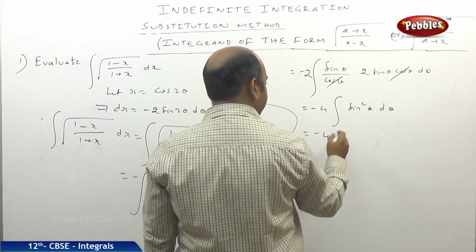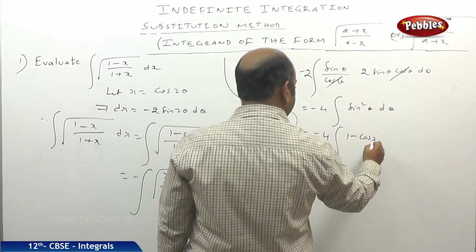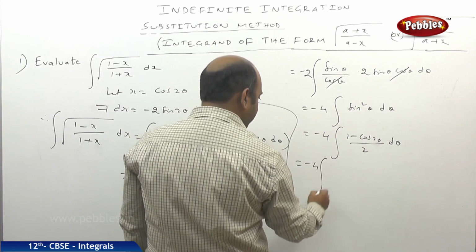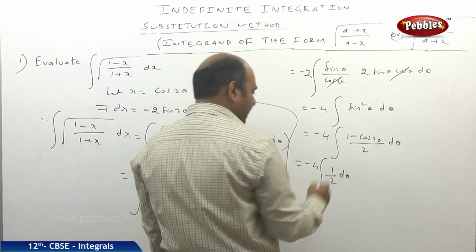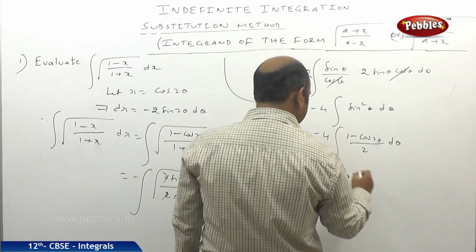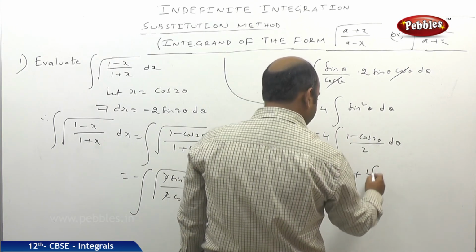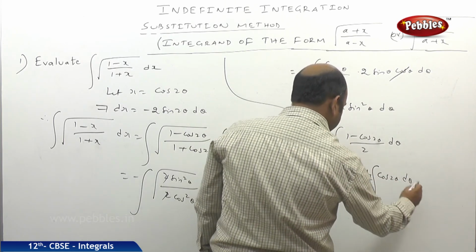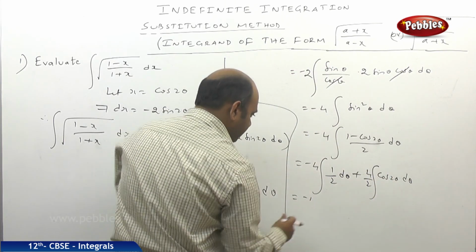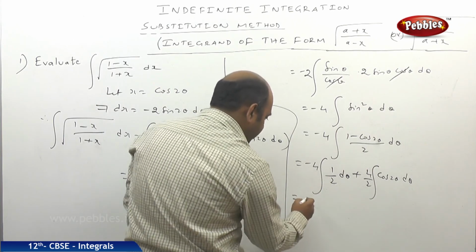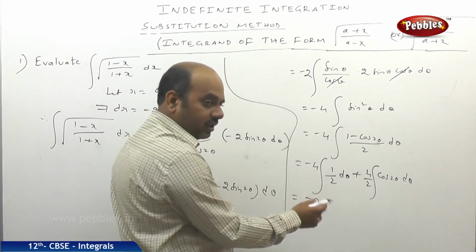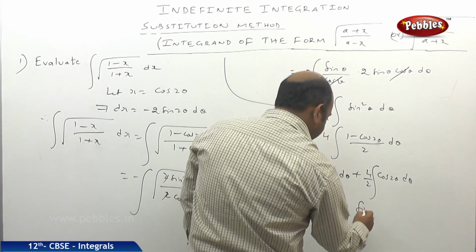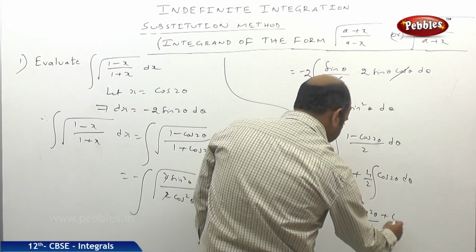That means minus 4 sin square theta, again I can write as (1 minus cos 2 theta) by 2 d theta. So minus 4 integral of, there remains 1 by 2 d theta, minus minus plus, so 4 into cos 2 theta by 2. So there remains cos 2 theta d theta. So what happens? Minus 4, and here 2 will get cancelled. There remains minus 2 theta, because integral of d theta is theta, and 2 into integral of cos 2 theta will be sin 2 theta by 2 plus c.